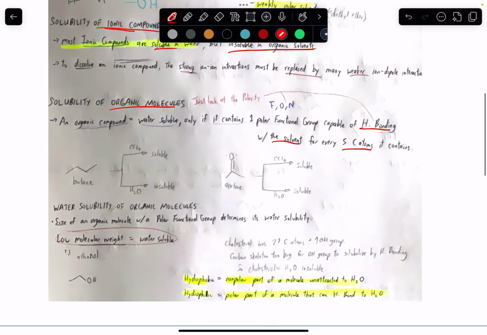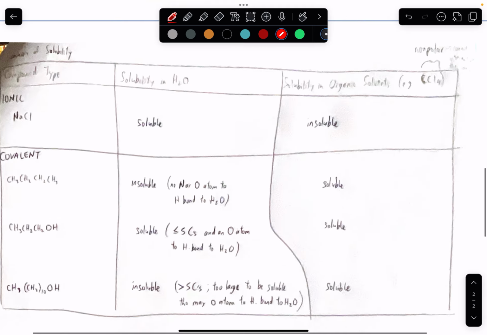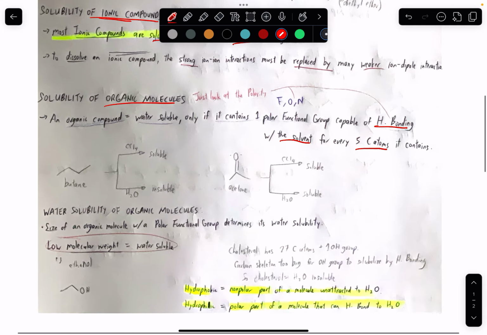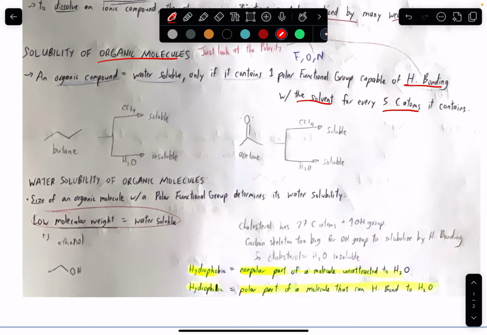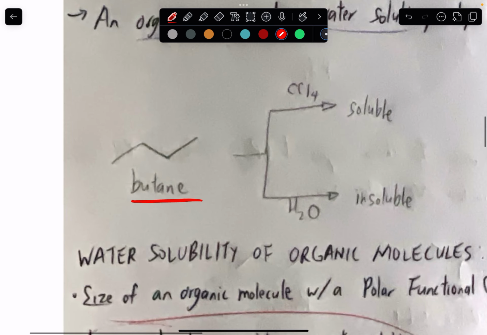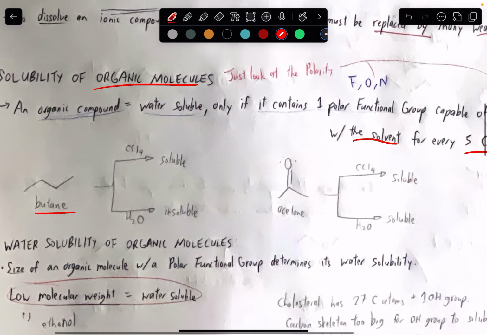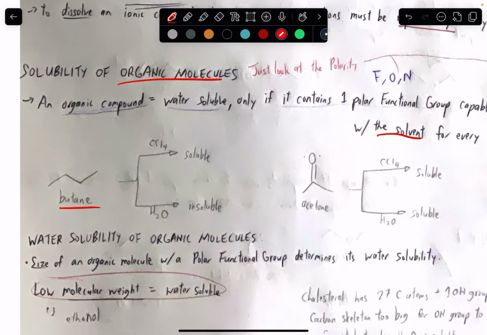It could help narrow down kapag na-discuss na natin to. Okay? So, let's try butane. Butane, based on the structure, puro ano lang, di ba? Hydrocarbons. So, in that case, there is no hydrogen bonding na nangyayari.